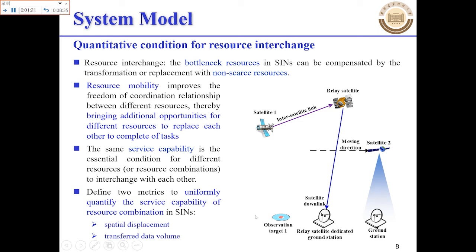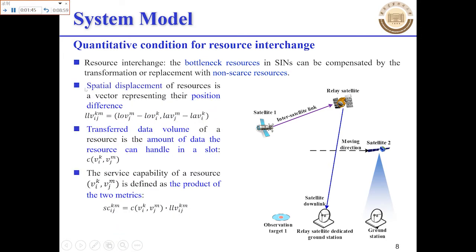The same resource service capability is the essential condition for different resources to interchange with each other. Here we define two metrics to uniformly quantify the service capability of resource combinations in SINs.